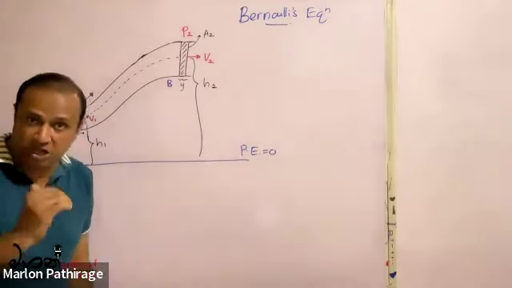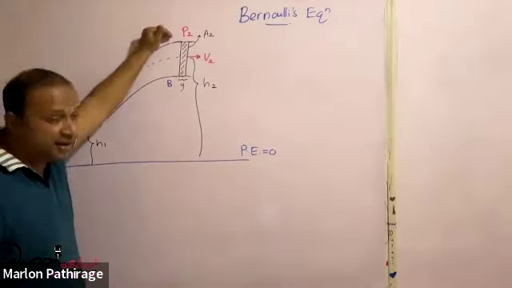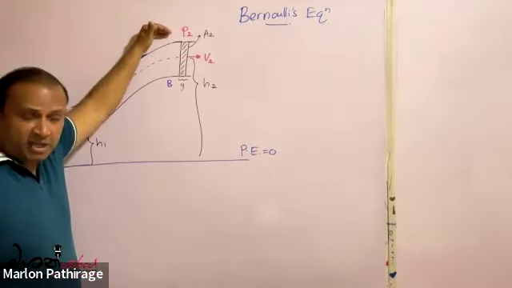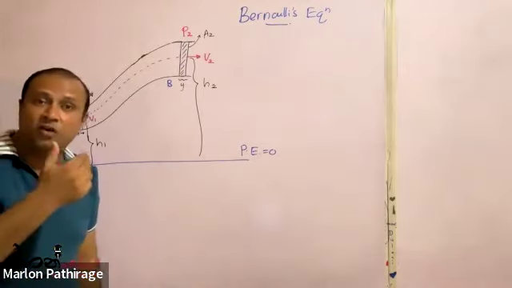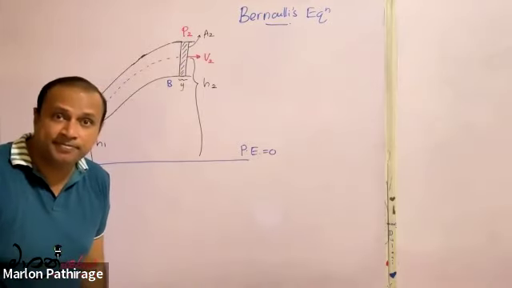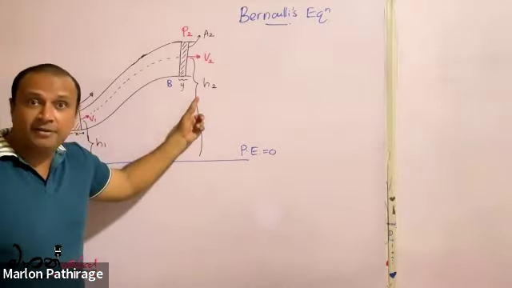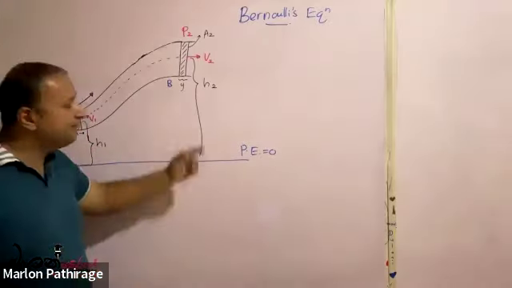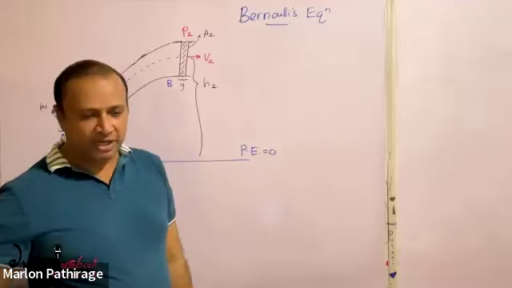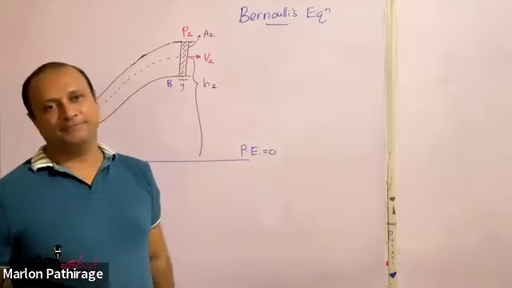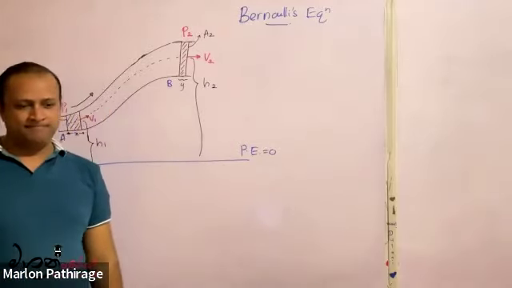Therefore, this pressure difference did two works. What are those works? It changed the kinetic energy plus it changed the potential energy of that fluid particle. Did you get my point?